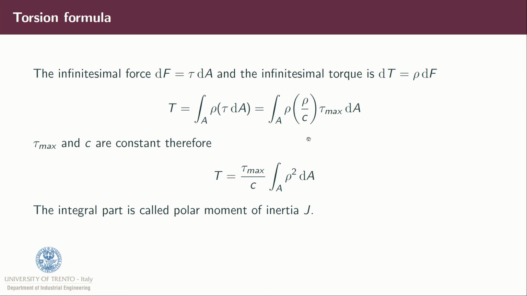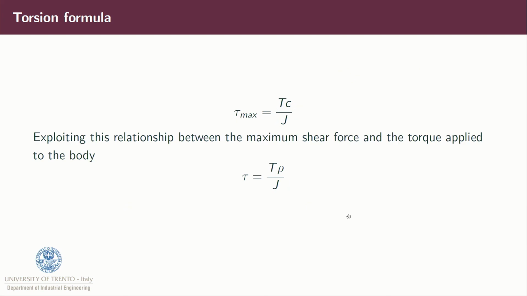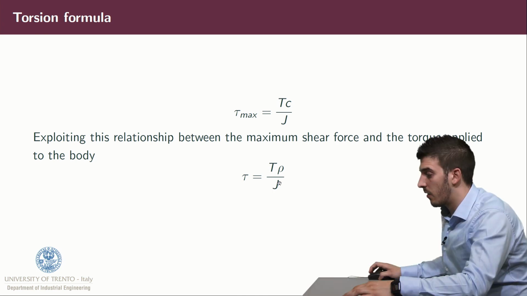Since tau max and c are constant, we have that the torque is equal to tau max over c times the integral over the area of rho squared dA. Actually, the integral over the area of rho squared dA is the polar moment of inertia J. So we can write out that tau max is equal to Tc over J, and exploiting this relationship, we can write down that tau is equal to T rho over J.